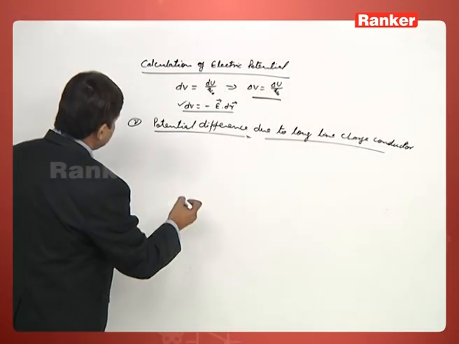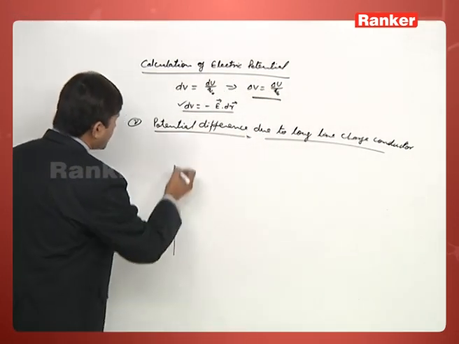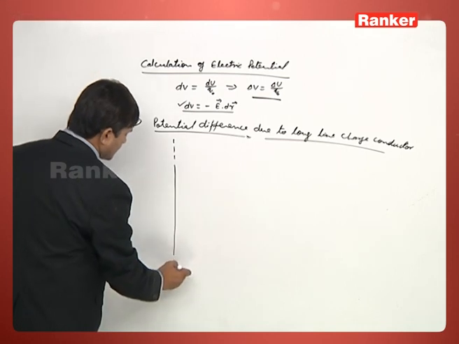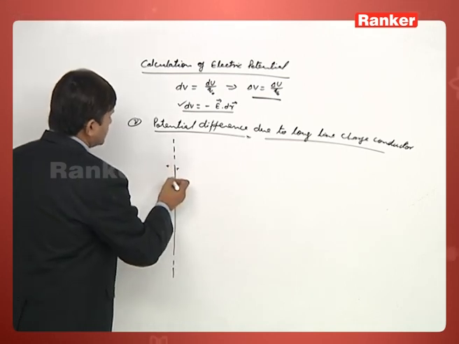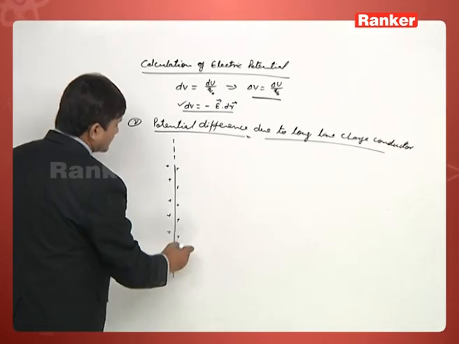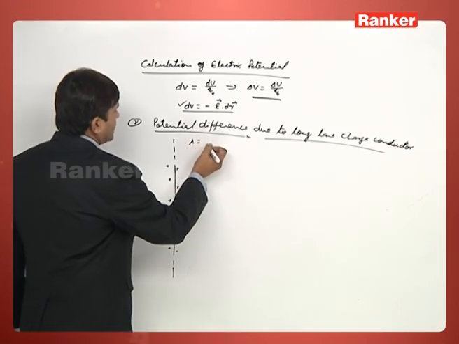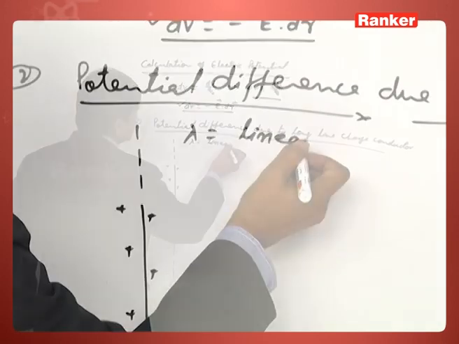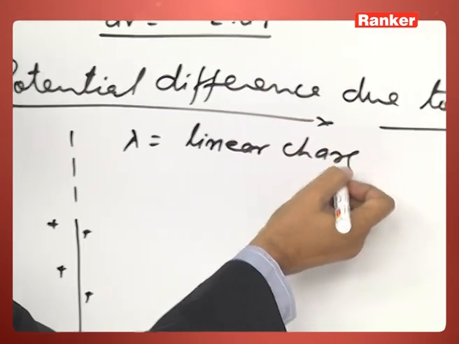So let we are having a long conductor, and lambda is the linear charge density.